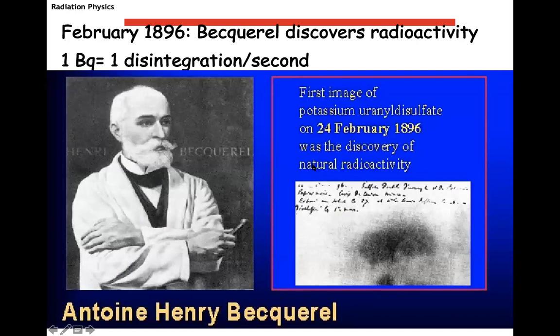But only one year later, Becquerel in France discovered that these strange rays can also come from natural sources. So this was the discovery of natural radioactivity. Both Röntgen and Becquerel have their names in the units.